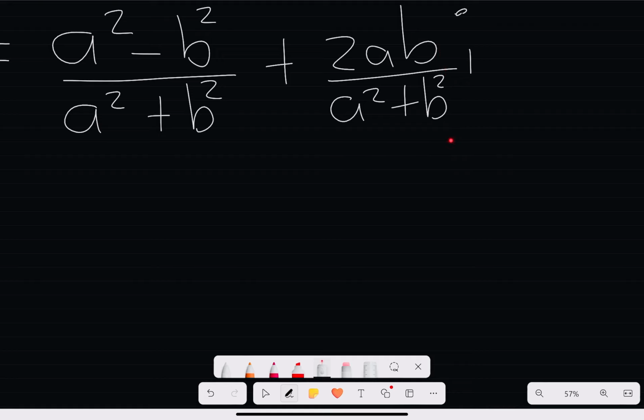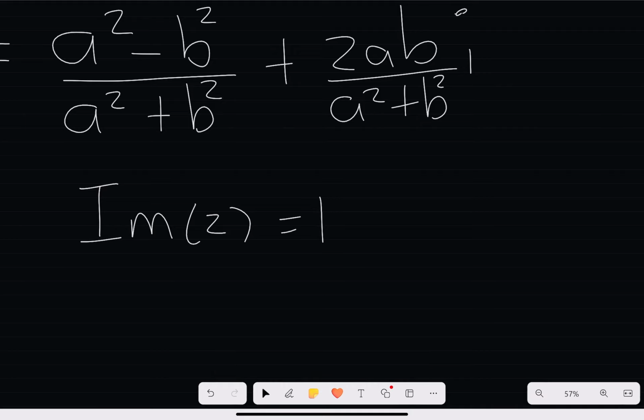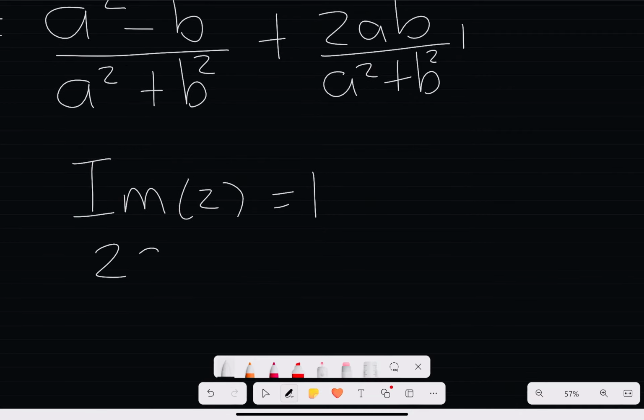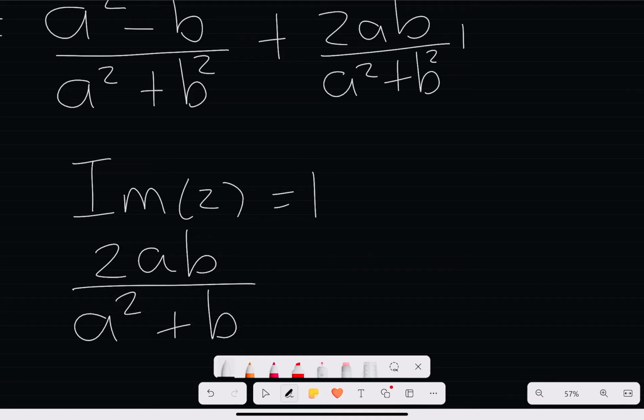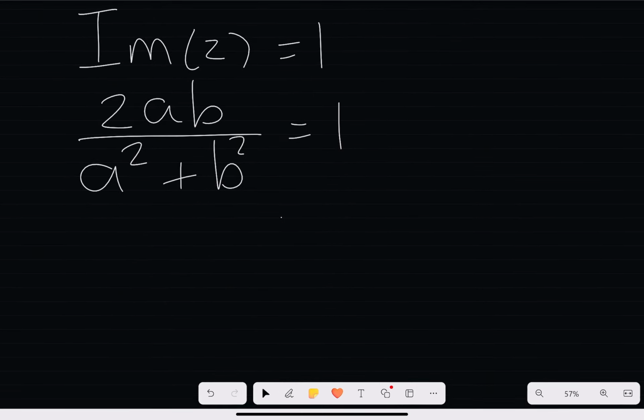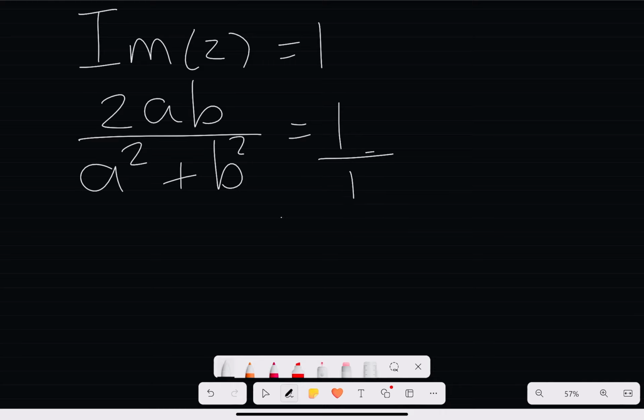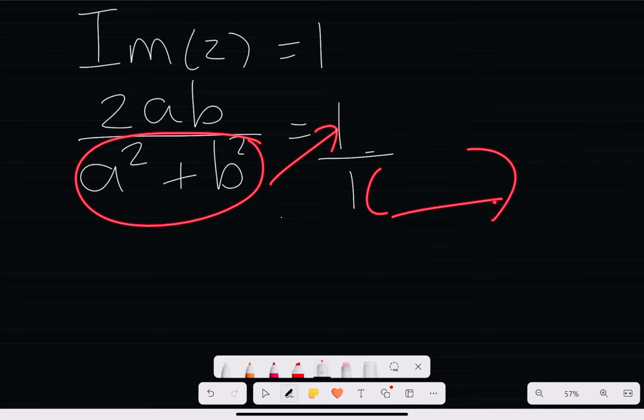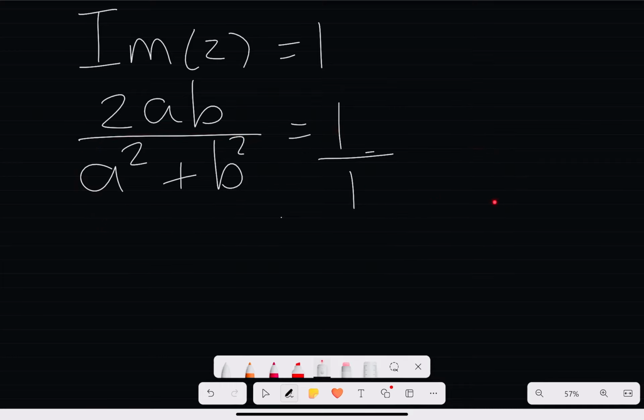So Im of z will be equal to 1, which means 2ab all over a squared plus b squared will give us 1. And then we're going to have the LCD. This is over 1, so I'm going to multiply this there so that the LCD is the same.